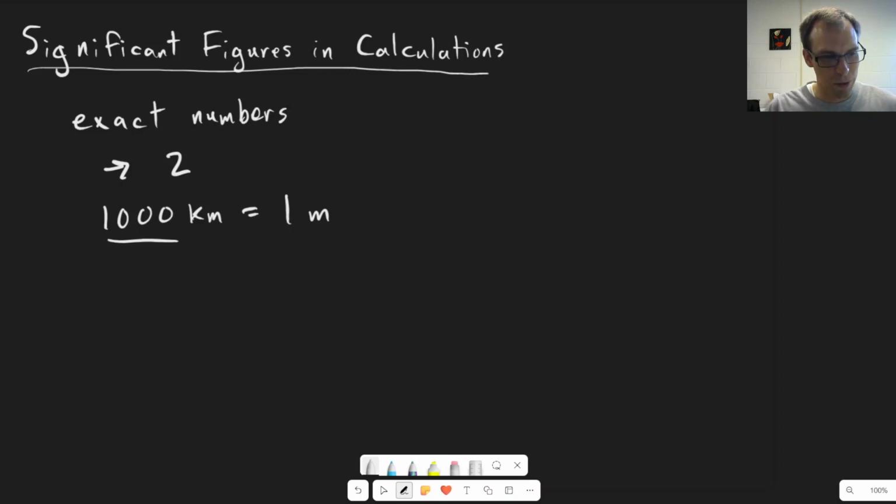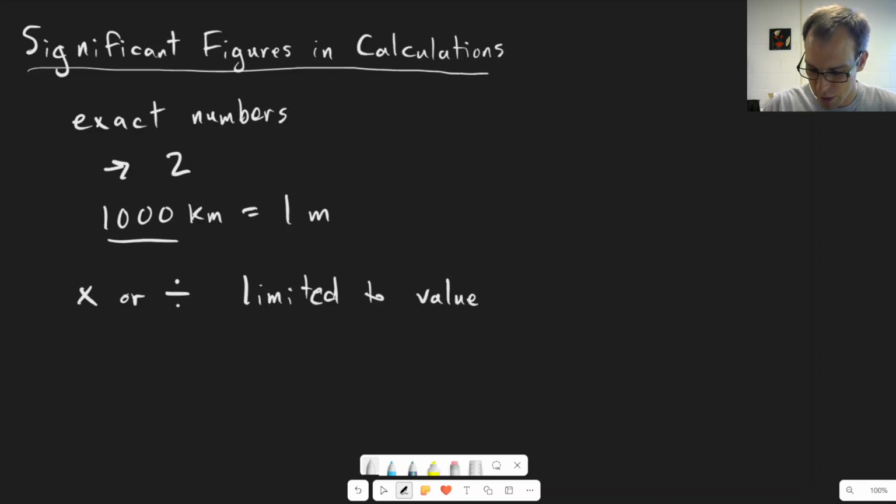So there are different rules for our different operations. If we're doing a multiplication or division, then the number of significant figures is limited to the value with the fewest sig figs.